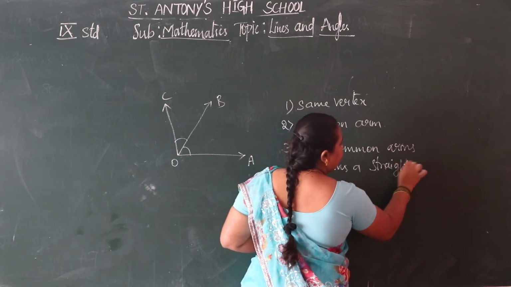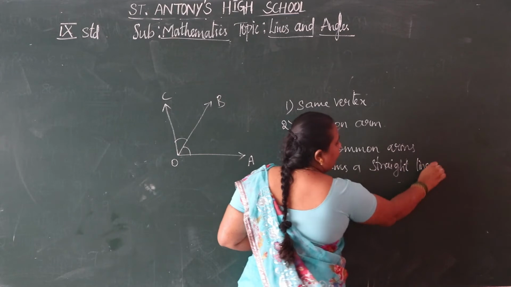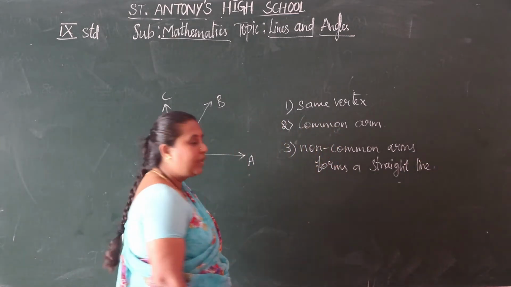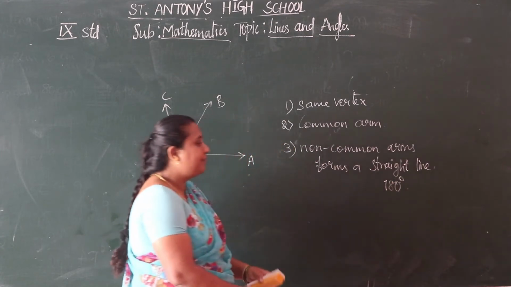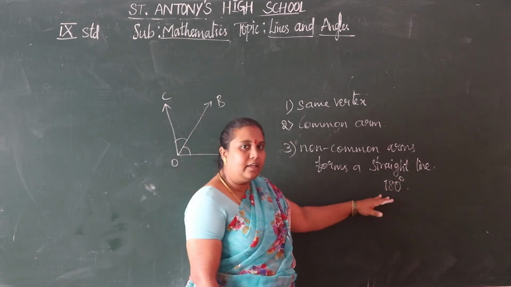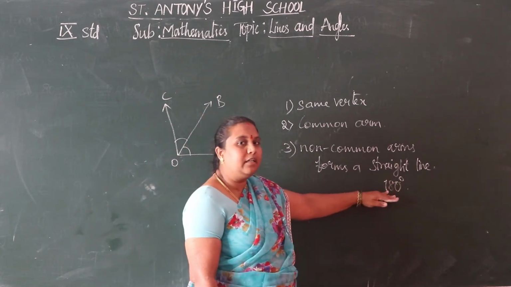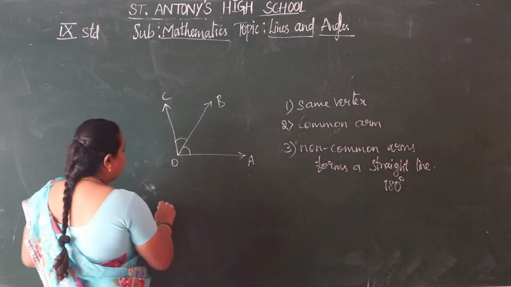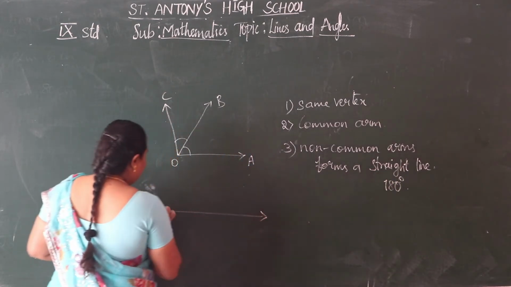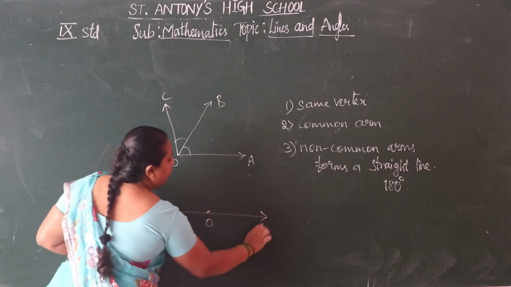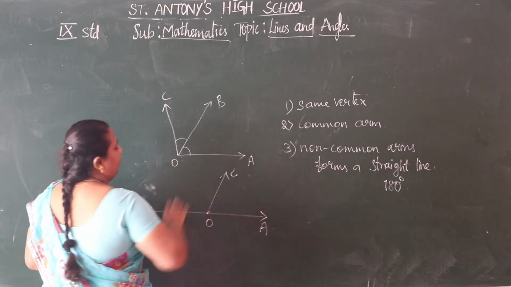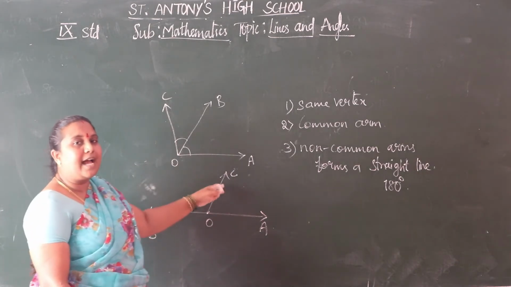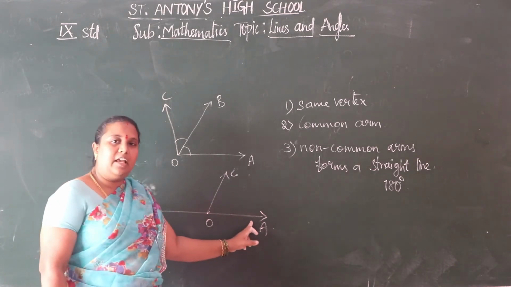What is the measurement of a straight line? 180 degrees. So non-common arms forming 180 degrees means we can say it is a straight line. See here O, A, B, here C. Ray OC stands on a straight line AB.